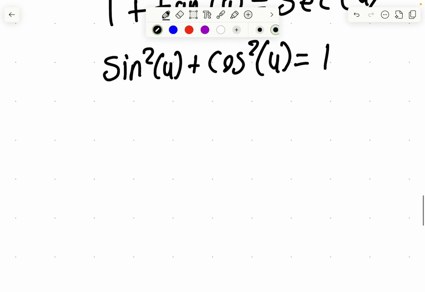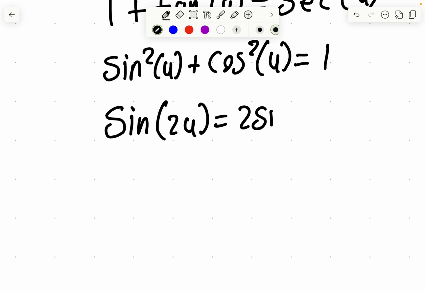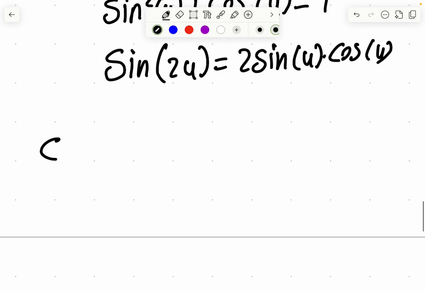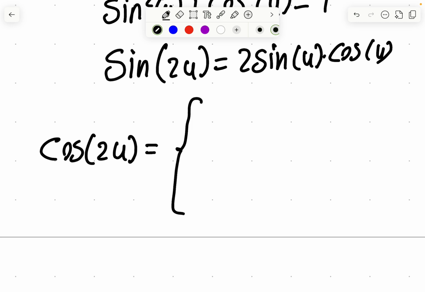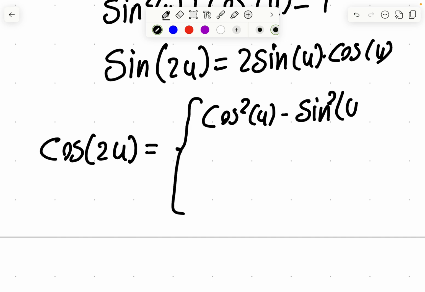Another is the double angle formula: sine 2u equals 2 sine u multiplied by cos u. And then cos 2u, there are 3 of them. The first one is cos squared u minus sine squared u.